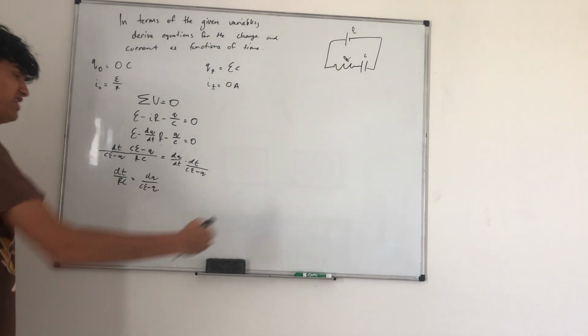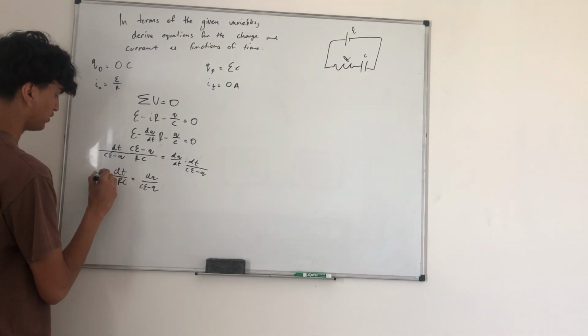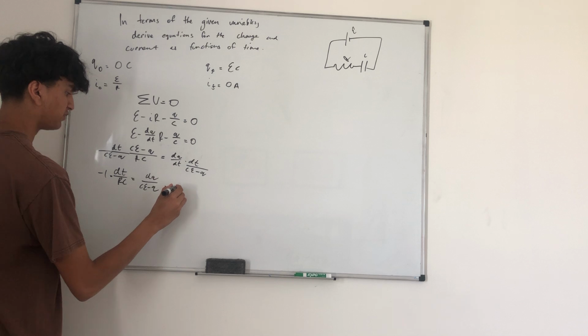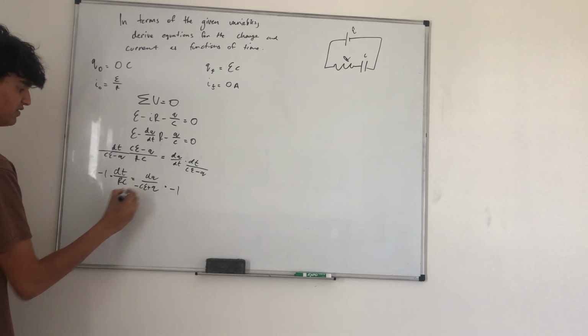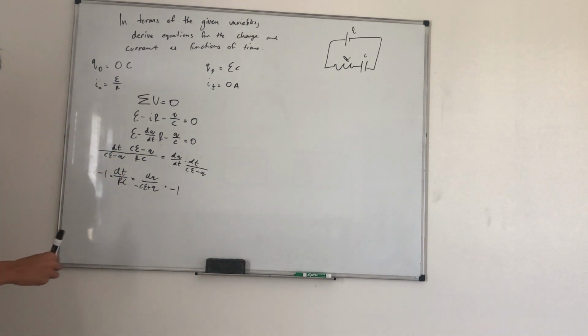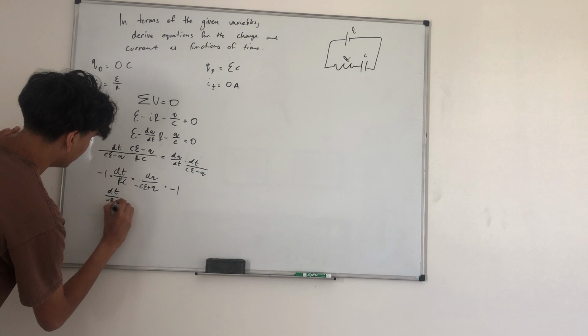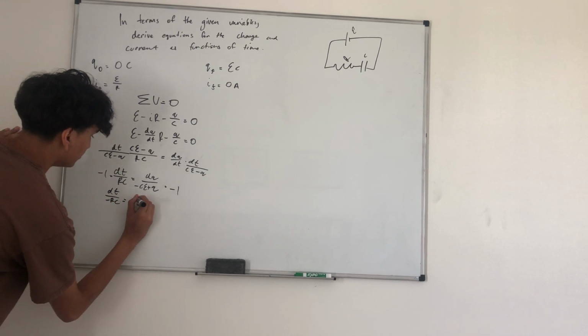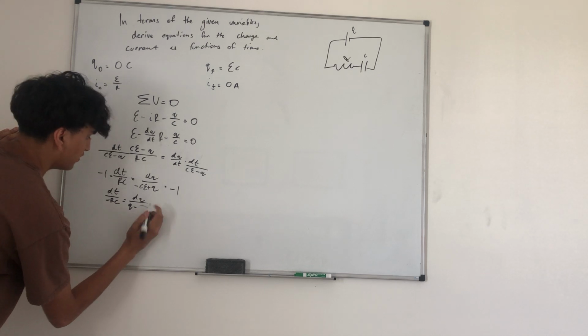Right now we have an a minus x, so I'm going to multiply both sides by -1. That makes this positive and this negative, and it'll make this side negative. So I just get dt over negative RC is equal to dq over q minus C epsilon.